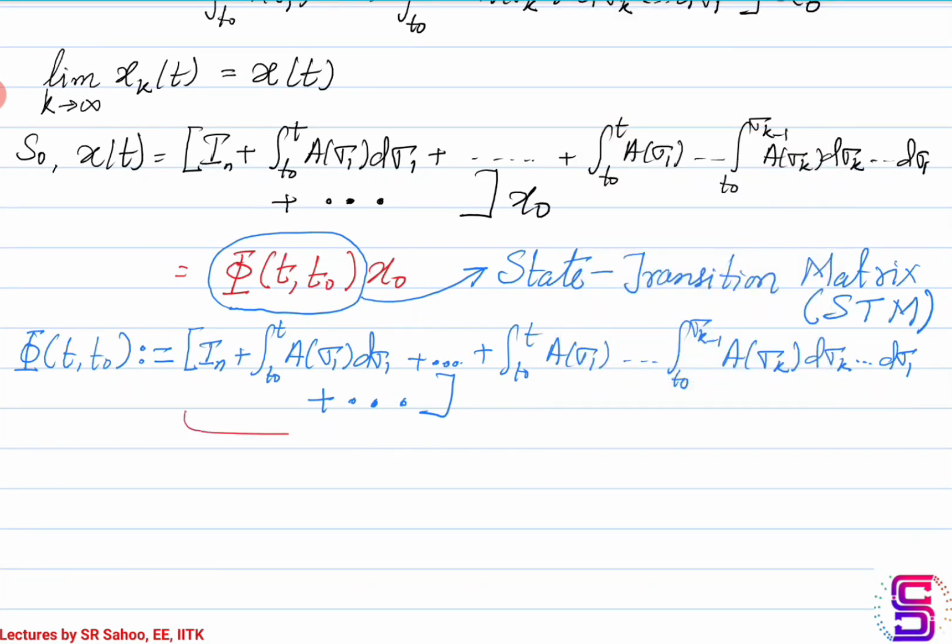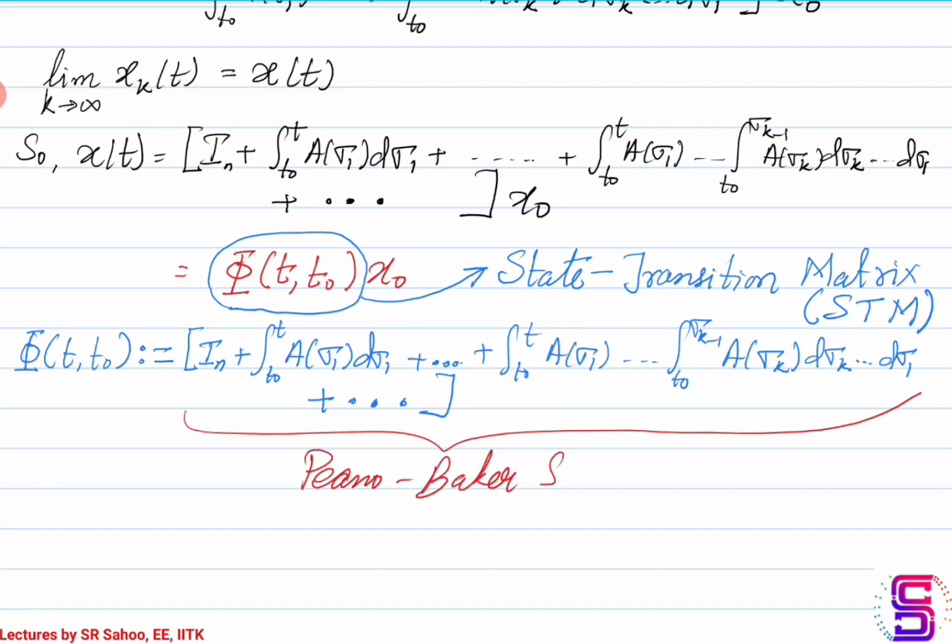The series that you have got here, this infinite sum, is basically the Peano-Baker series way of solving for the state transition matrix.